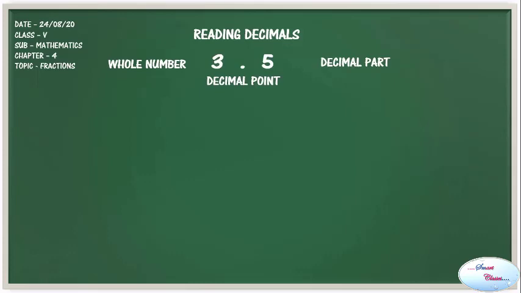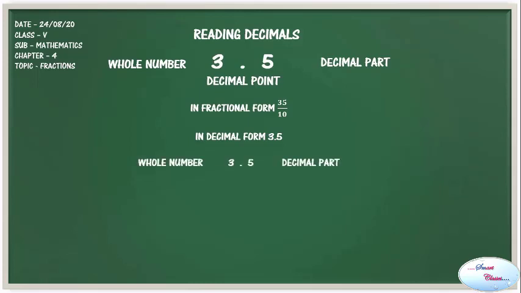In fractional form, we wrote 35 upon 10. The same thing in decimal form will be written as 3.5, where 3 is a whole number, 5 is a decimal part, and point is the decimal point. Remember, whenever we are writing any decimal number, the decimal part will always be read separately.